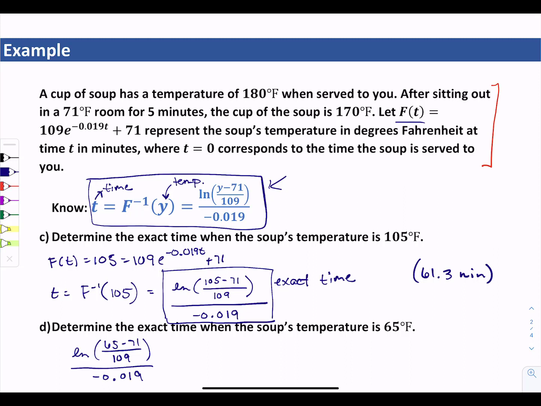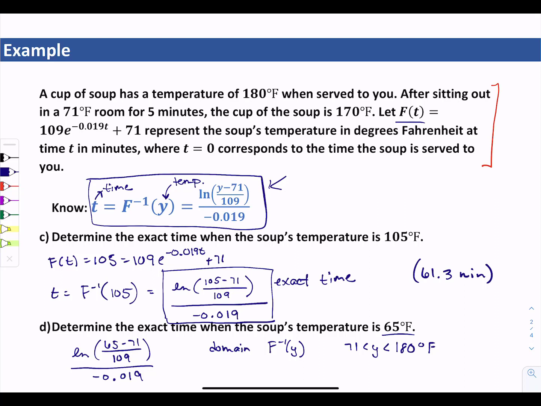And that is because, remember, the domain for f inverse of y, so the input, that was the temperature, was between 71 and 180 degrees Fahrenheit. 65 degrees is not within that interval. So there is no realistic answer. There's just no answer for the exact time when the soup's temperature is 65 degrees Fahrenheit.